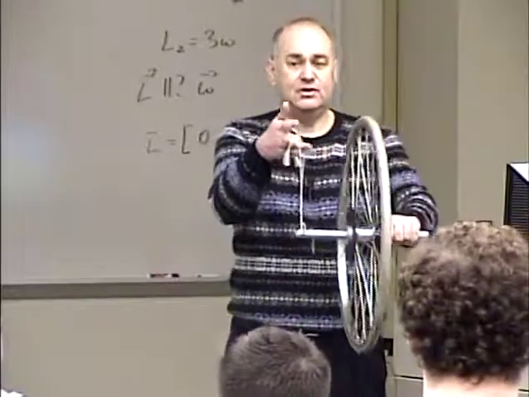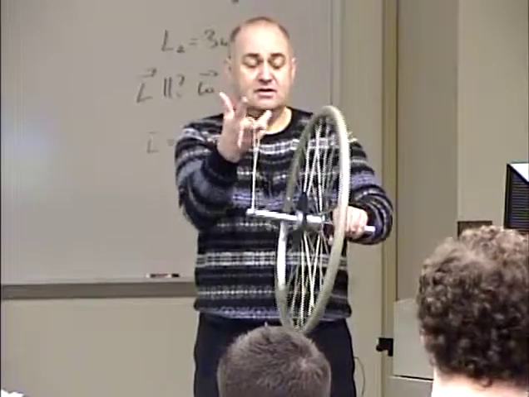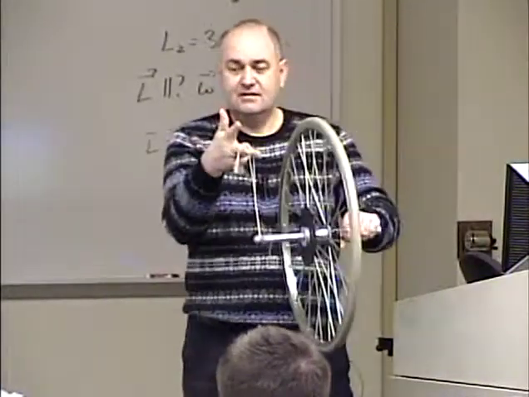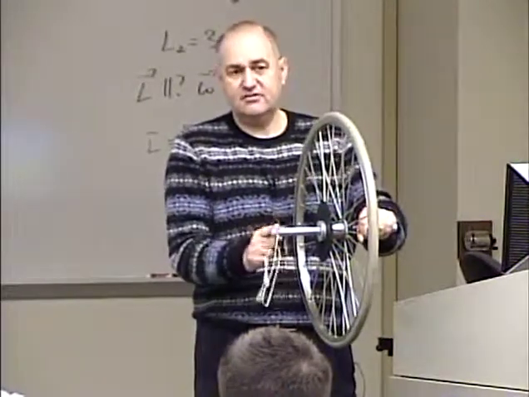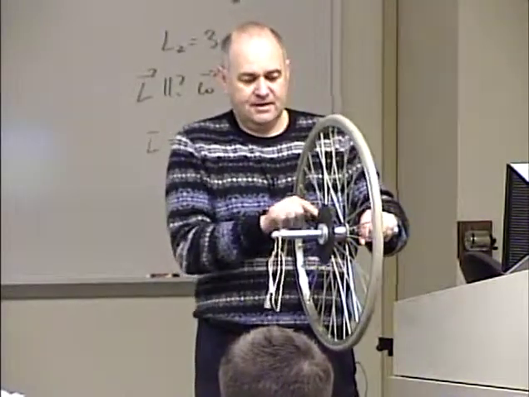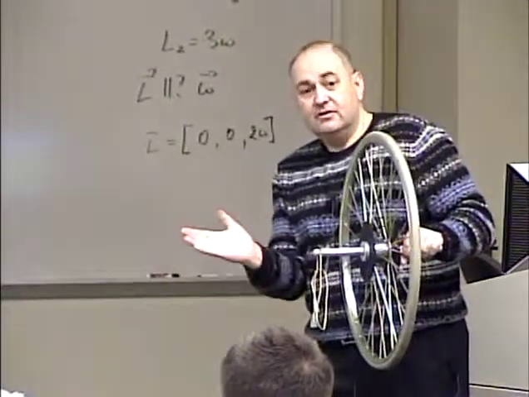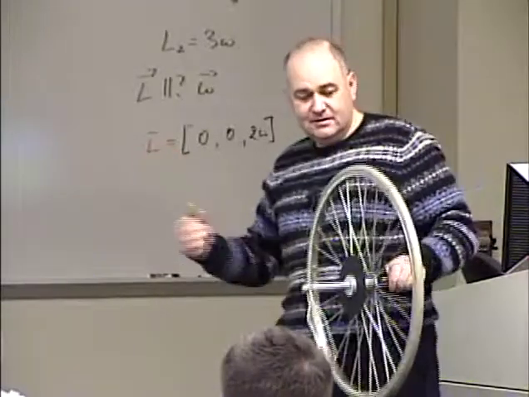Now how about my torque? If I was holding it like that, obviously only with my right hand here, because I released that hand. So the force was up. I applied, let's say, force over here, right? So the position vector was like this. Correct. So the torque was in this direction, right?